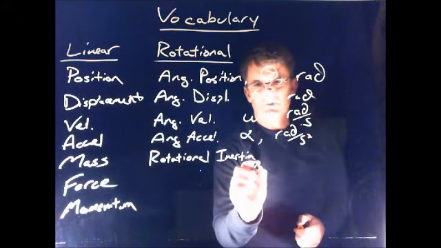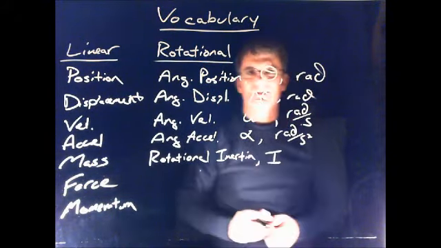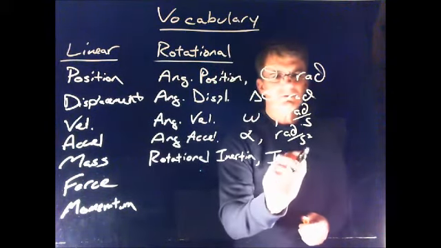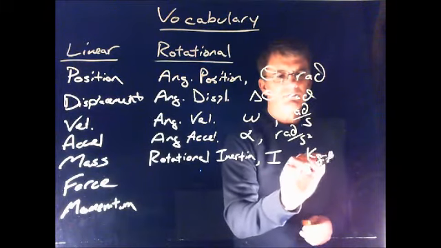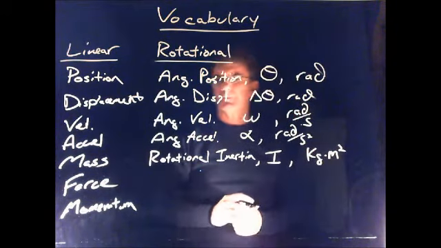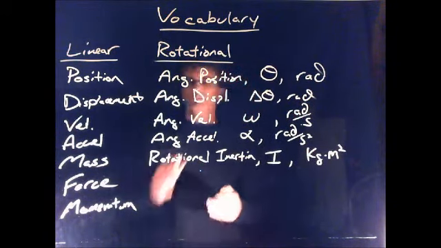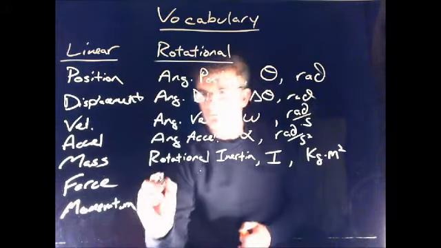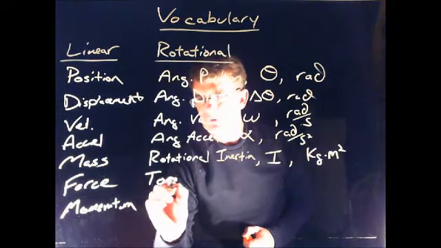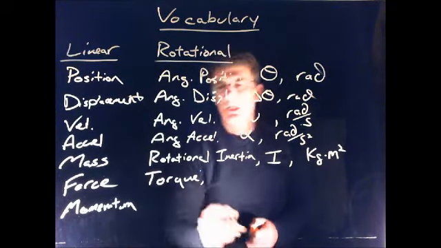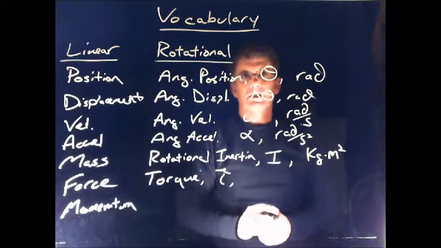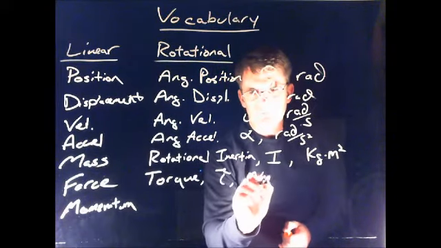This has the symbol I, capital I. The units are really weird, not that they need to know the units: kilograms meters squared. The other term they've heard of, though they don't necessarily know what it is, is the rotational equivalent to force, which is torque. The symbol is the Greek letter tau, and the unit is Newton meters.